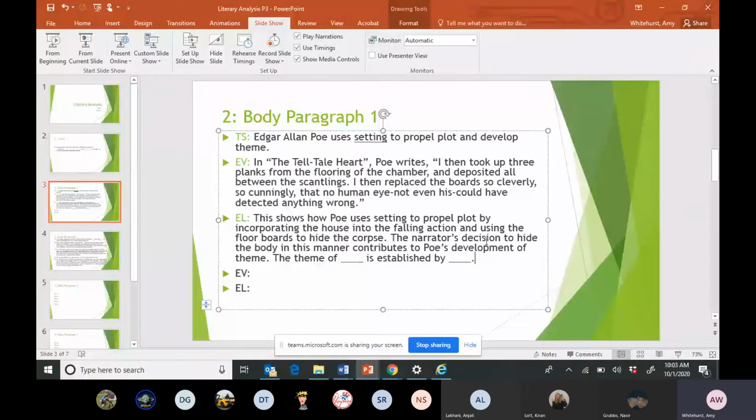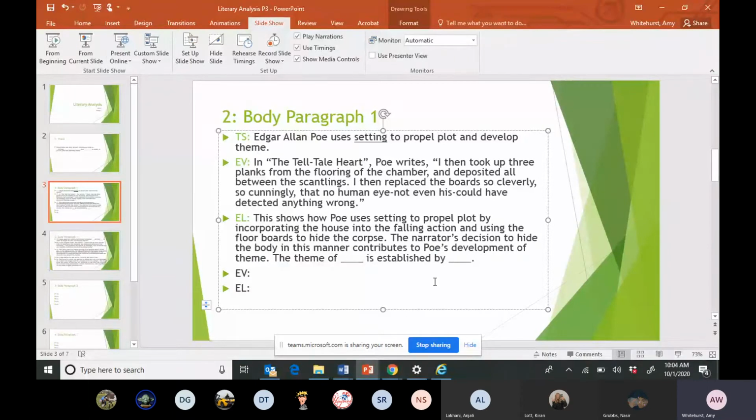So I said the narrator's decision to hide the body in this manner contributes to Poe's development of theme. That sentence is almost like a transition between the plot and the theme. But the next sentence is one of the most important because we are going to say what theme is established and how.